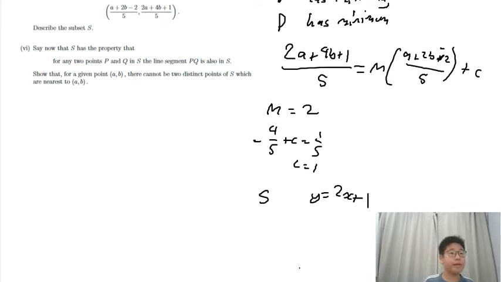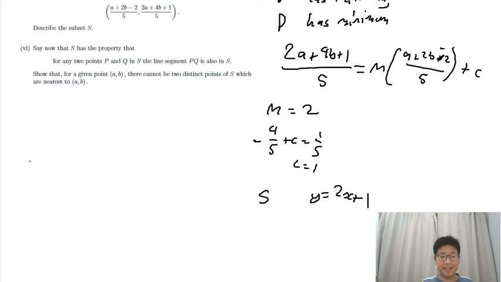Let me take out my notes first. So we are now going to show there cannot be two distinct points of S which are nearest to (a, b). For any two points P, Q in S, the line segment PQ is also in S. This is a bit more difficult to prove, but the gist of it is that it always has a minimum.